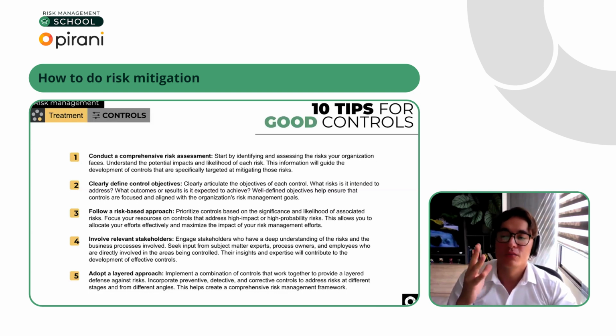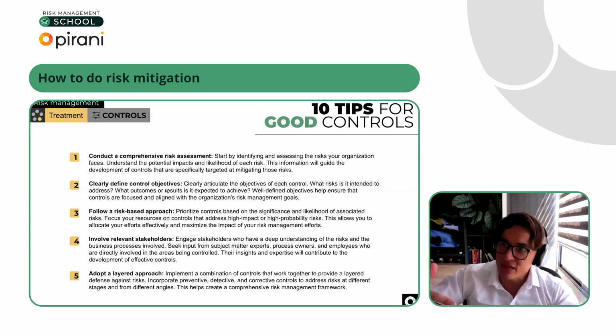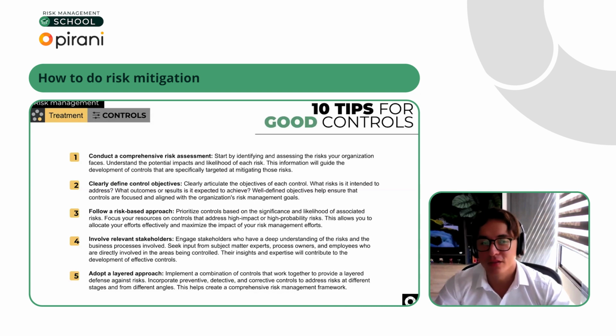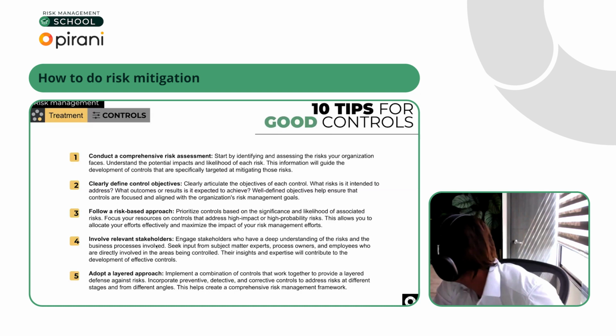What will the control mitigate, the likelihood, the impact, the effect on the risks that you are trying to address? 3, follow a risk-based approach, prioritize controls based on the significance of the likelihood or associated risk. 4, involve relevant stakeholders. Remember the 3 lines of defense: the better you know the risks, the better ideas you have to implement or create controls, right?